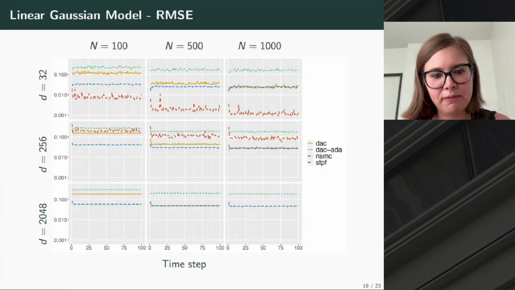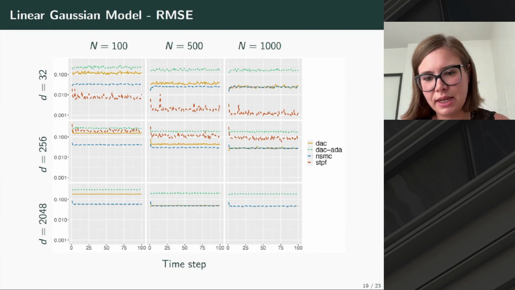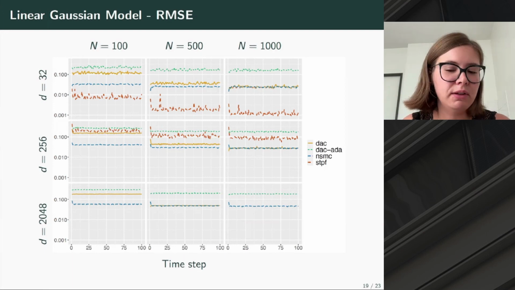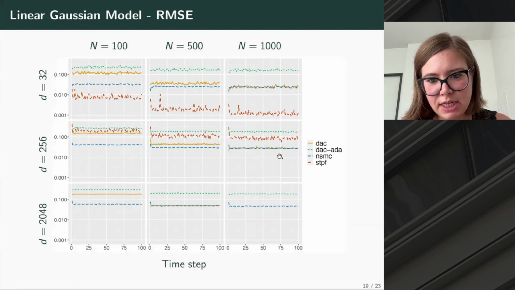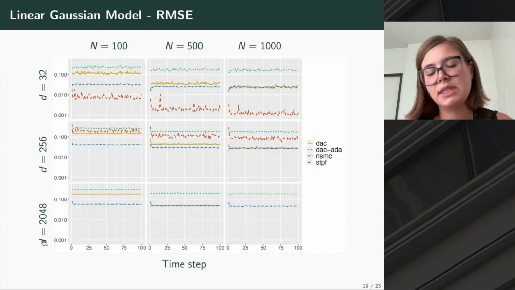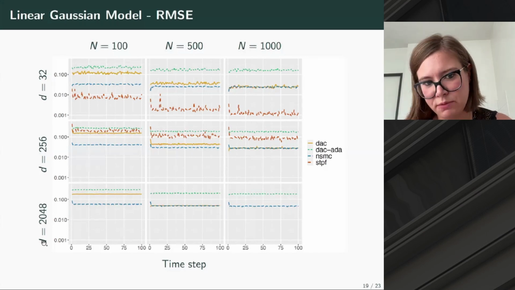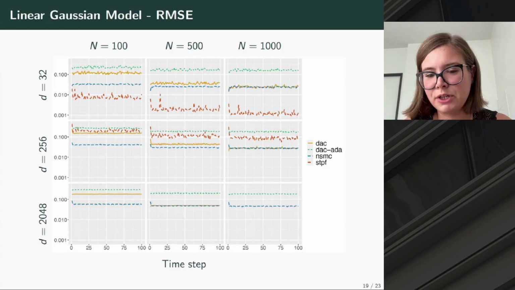Okay, so there are a couple of algorithms on this slide. There are 4 competitors over here: 2 versions of the divide and conquer algorithm that I just described, nested SMC and the space-time particle filter. The main takeaways are that this red-orange line does not appear when the dimension gets very high, because that algorithm gets too expensive to run within a reasonable timeline.